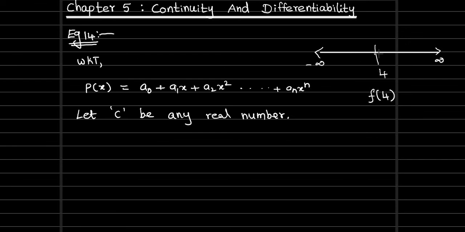Even when we round it, we have to get 4. For f of 4, whatever result we get, the same result we have to get for the close values. Same result in the sense coincide, approximately the same. And even for the right hand side, the close values' results have to coincide with f of 4. Then only we will say the function is continuous.